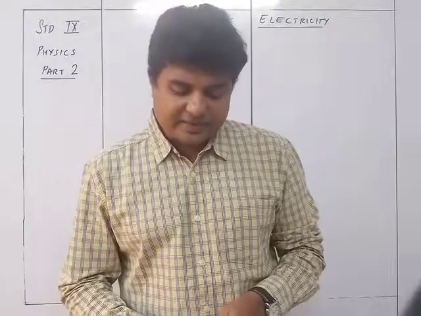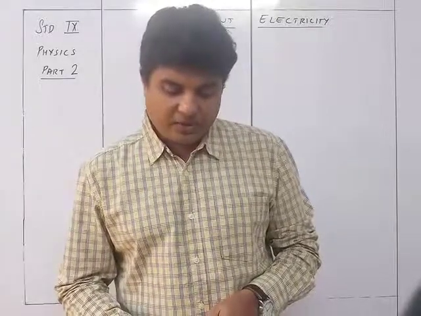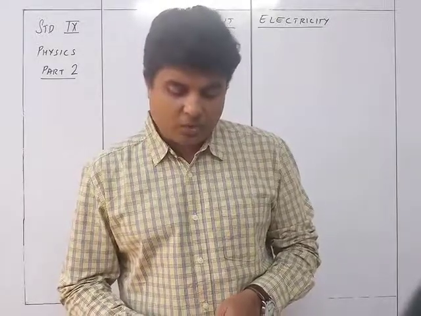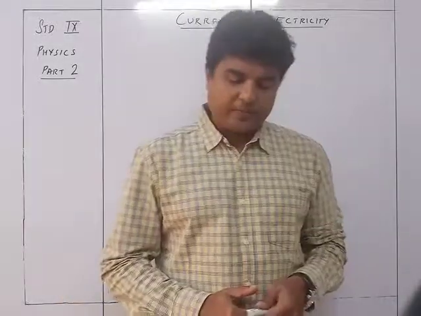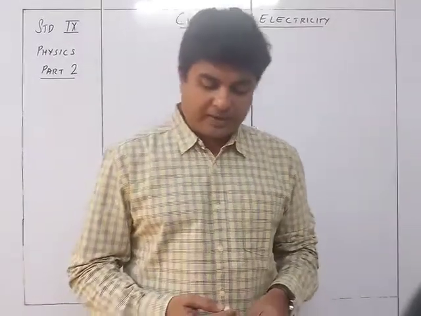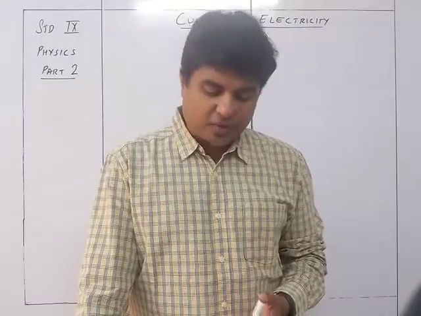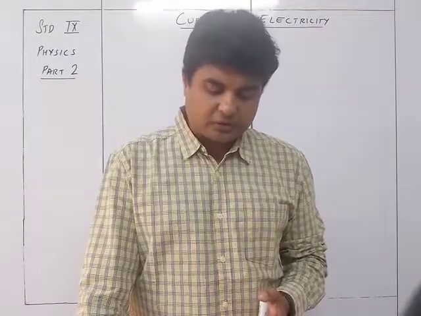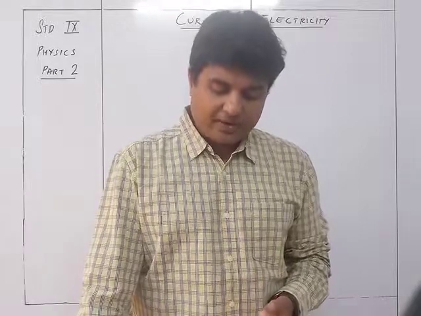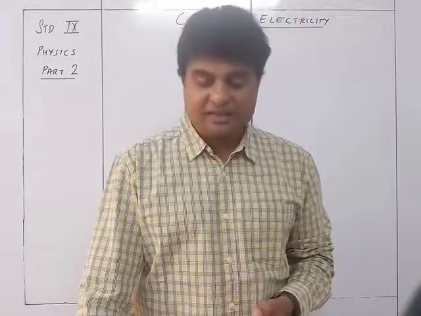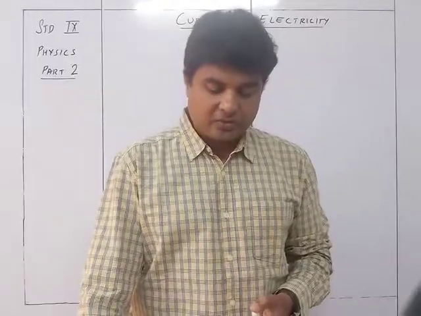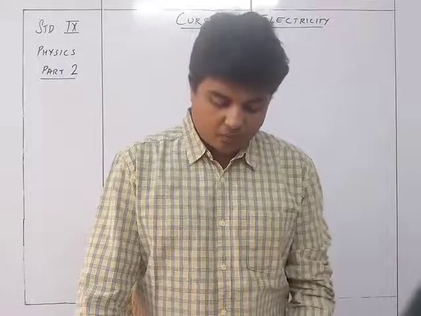A DC source cell is represented by two vertical lines of unequal lengths, and the longer one is marked positive to represent anode, while the shorter one is marked negative to represent cathode. When current is drawn from the cell, it flows from the positive terminal to the negative terminal through the external circuit, and from the negative terminal to the positive terminal inside the cell through its electrolyte, so as to maintain a continuous flow.